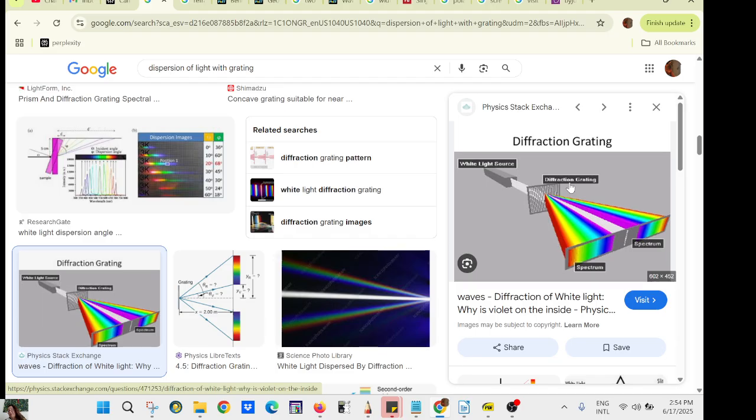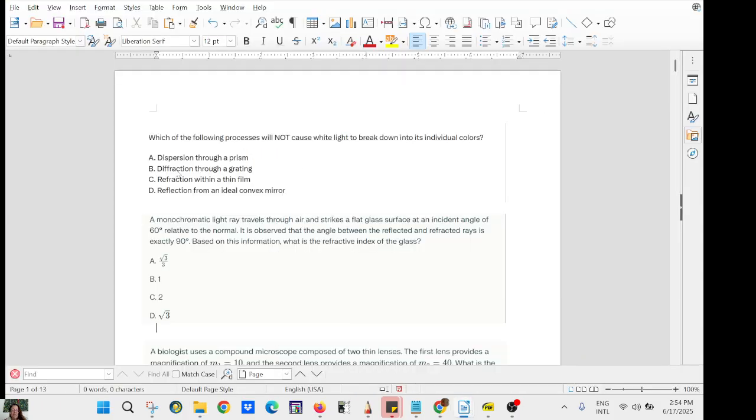So yes, you're going to have a breakdown of light, and it's going to be diffracted at different angles depending on the wavelength. This is a closely spaced slit that will diffract light. So if we go back, diffraction for a grating, yes, you're going to get a breakdown into different wavelengths, so that's not it.